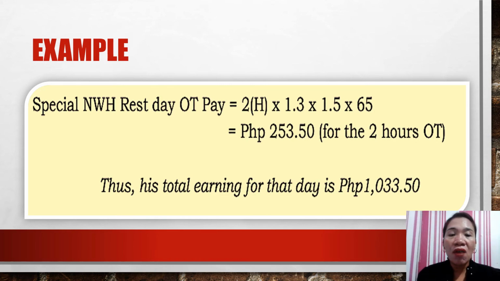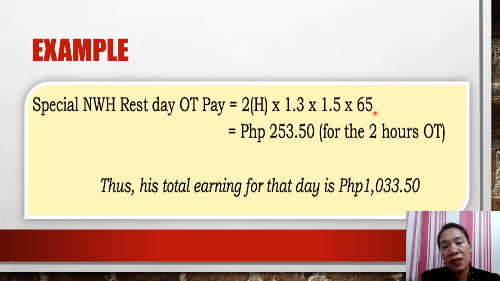To compute the overtime pay for a special non-working holiday that falls on a rest day, it is the number of hours rendered as overtime times 1.3 times 1.5 times 65. This 65 is the hourly rate of Andy, which is his 520 divided by 8.